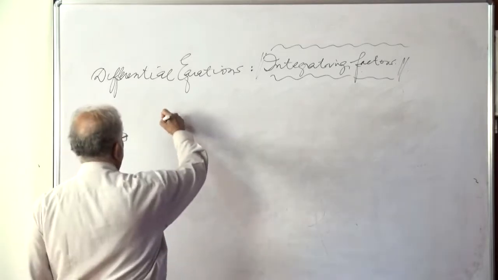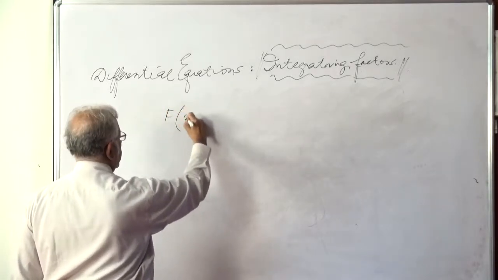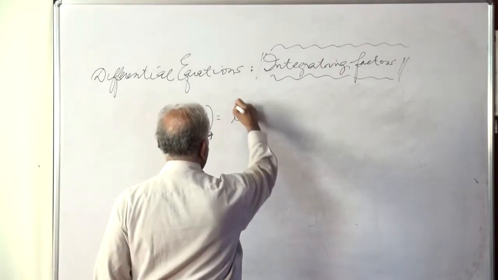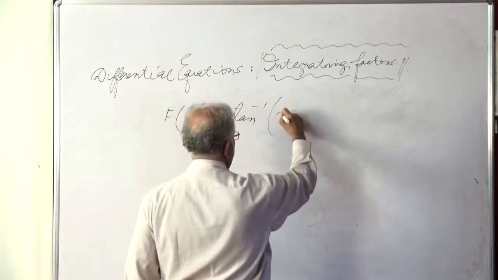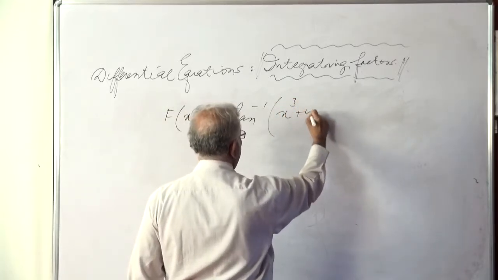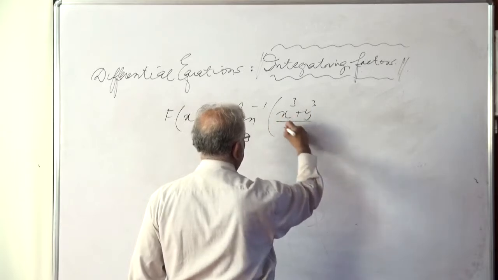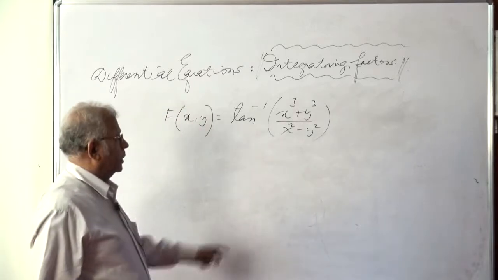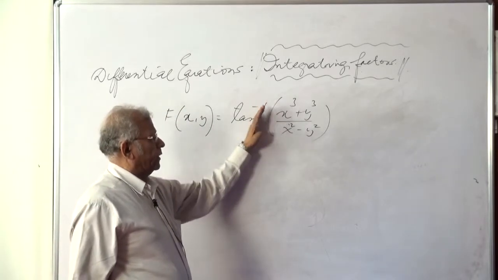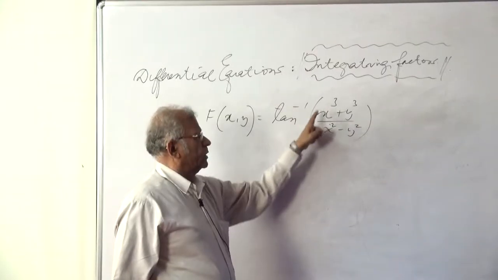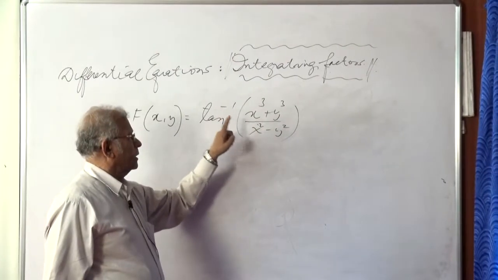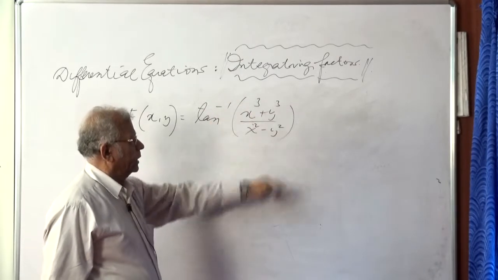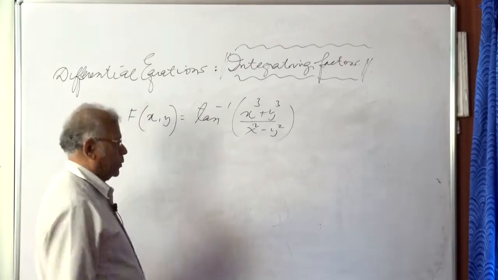Suppose f(x,y) is simply tan inverse of x cubed plus y cubed over x squared minus y squared. We just saw a little while ago that this function without the tan inverse part is a homogeneous function of degree 1, because we proved that f(lambda x, lambda y) gives lambda to the power of 1 times f(x,y).